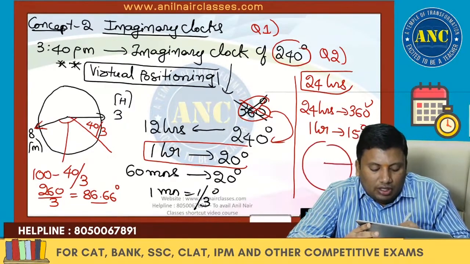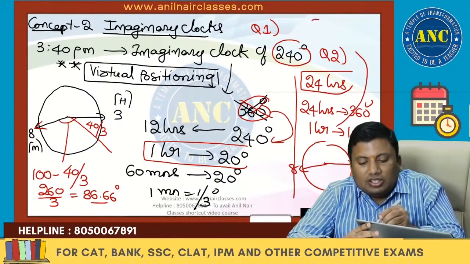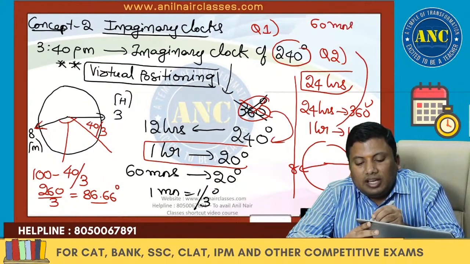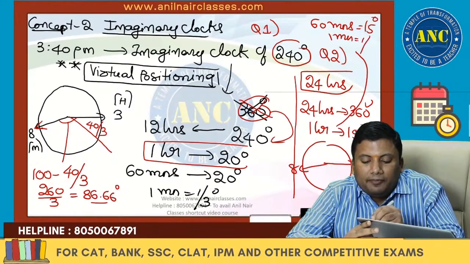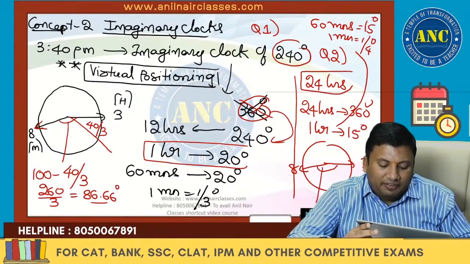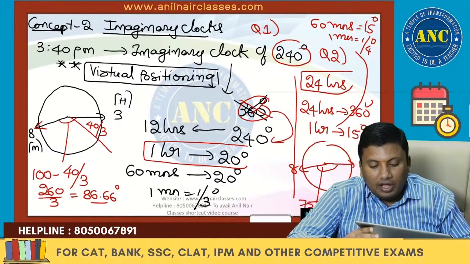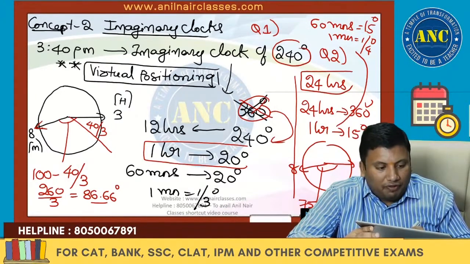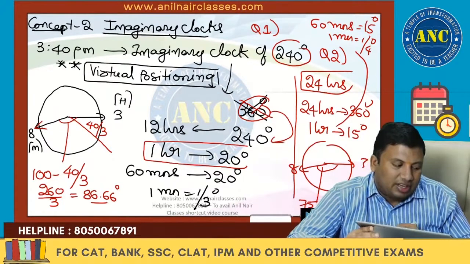So 3 to 8, 1 hour is 60 minutes, 60 minutes is 15 degrees, so 1 minute is 1/4 degree. The 5 hours difference is 75. 1/4 of 40 is 10. 75 minus 10 is 65 degrees.